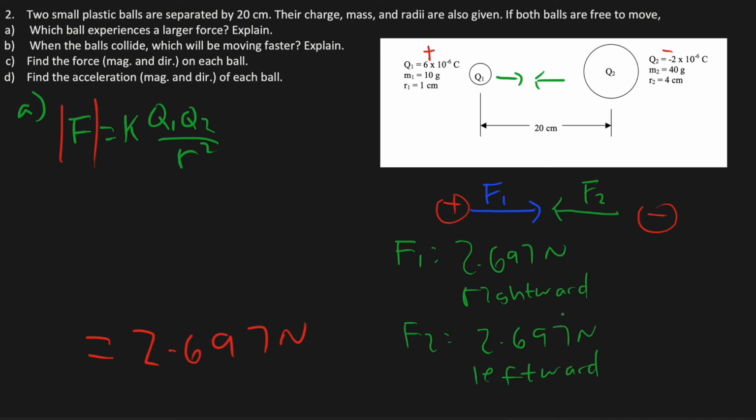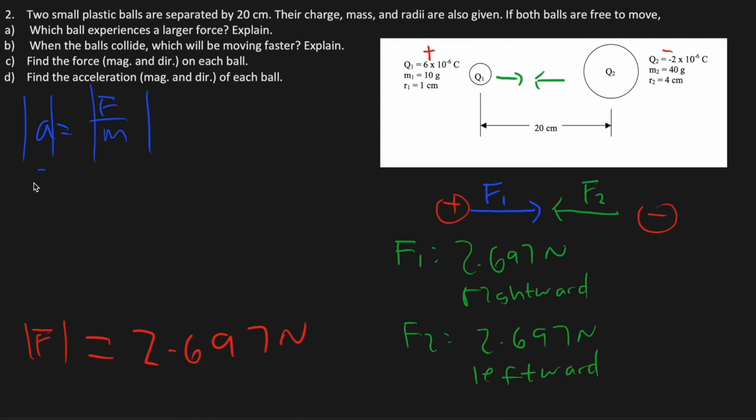The last part asks us to find the magnitude and direction of the acceleration on each ball. So acceleration is equal to force over mass. And because we want to calculate the magnitude, I'm going to take the absolute value here. So for charge 1, it is equal to F over M1, which is 2.697 over 10 grams.